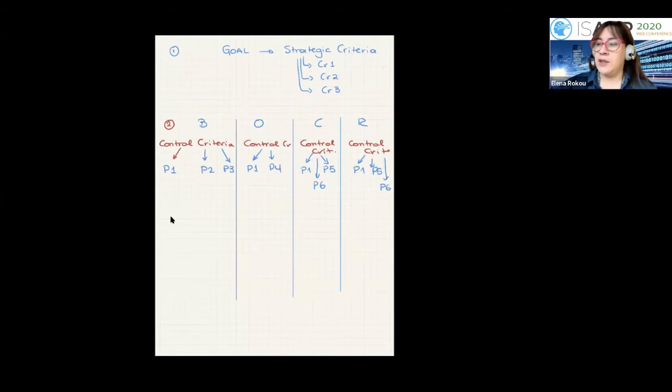At this point, I think that it's wise to evaluate your control criteria. Why? Because if I find out that one of these control criteria concentrates just a very small percentage of the total weight, for example, I have P1 with 60% of my priorities and P2 with 39.5%, while P3 ends up with 0.5%.